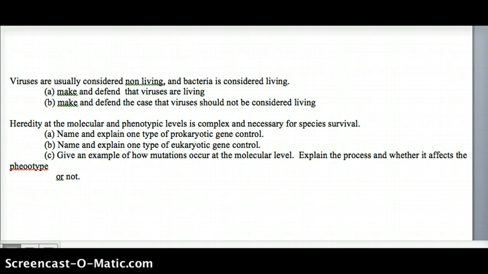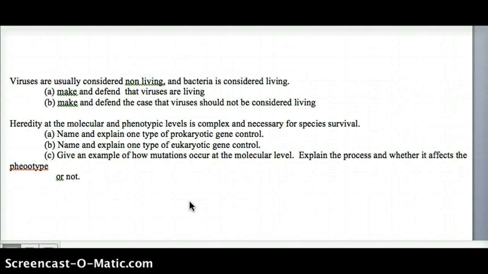So this heredity question here is all about turning genes on and off appropriately, and what happens when things go wrong. This whole chapter 17 is called From Gene to Protein.